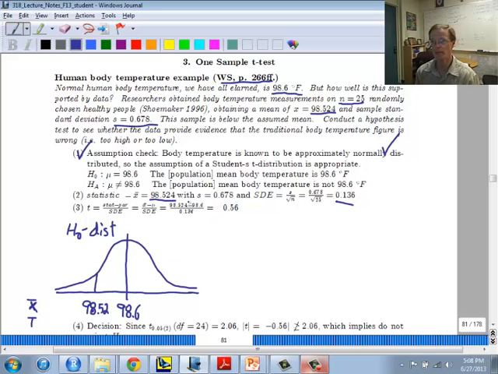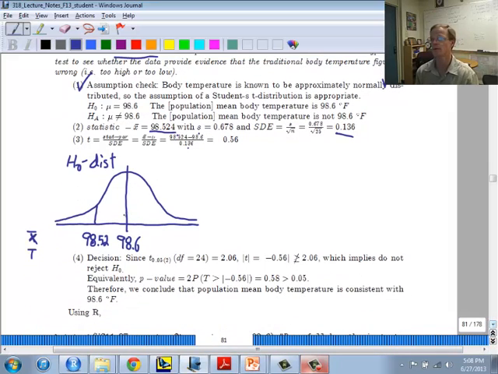Well, when I plug in sample mean, population mean, and standard error, I get 0.56. So on the t level, 0 is in the middle, and I've got 0.56 here.